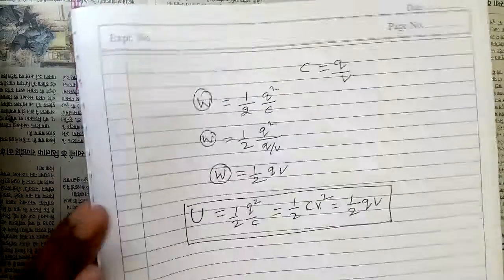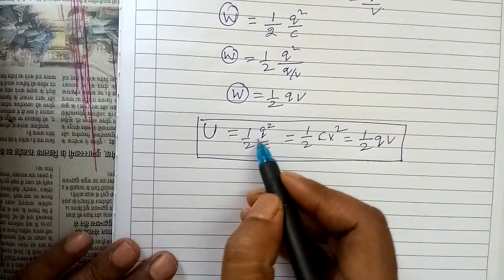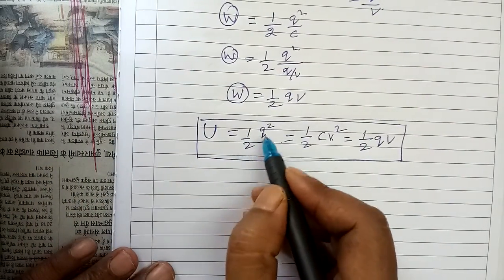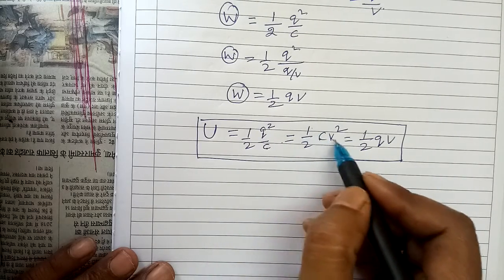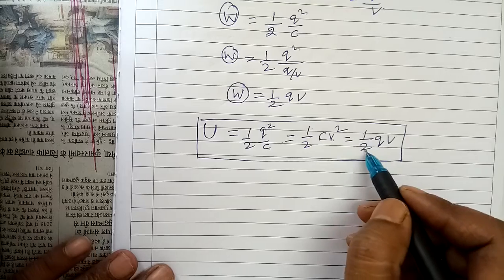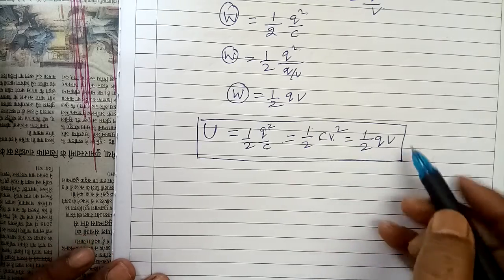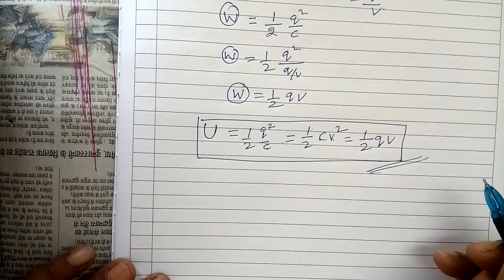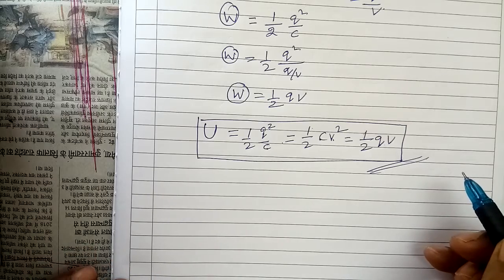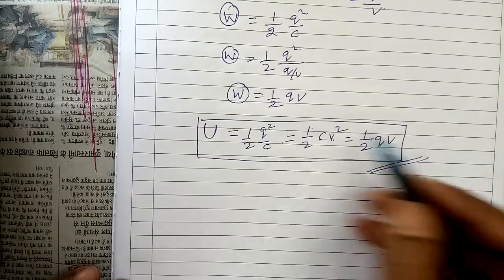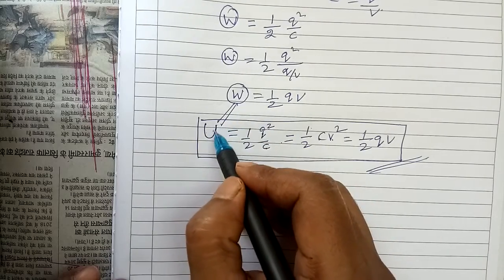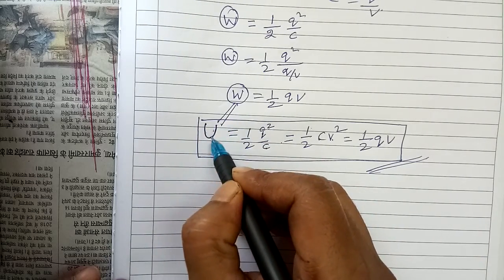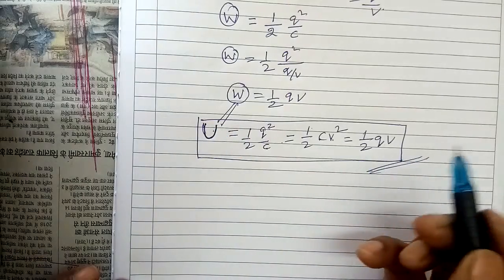So we get three terms: half q square by C, or in terms of CV we get half CV square, and it can also be half qV. So these are all the expressions for energy stored in a capacitor. We did work, and this work is stored in the form of electrical energy, which is expressed by the term U. Thank you.